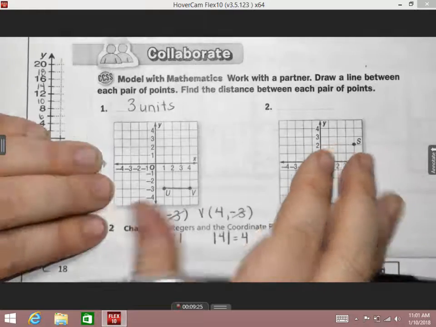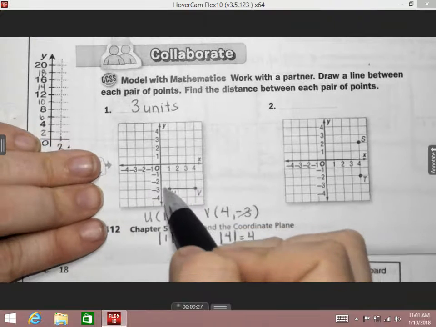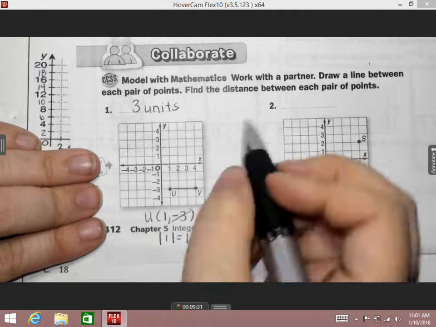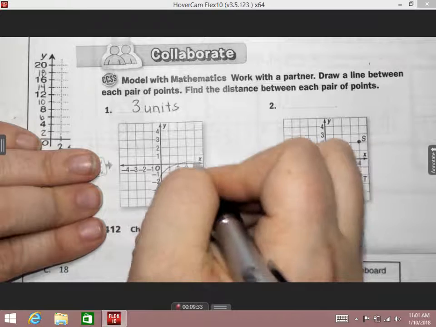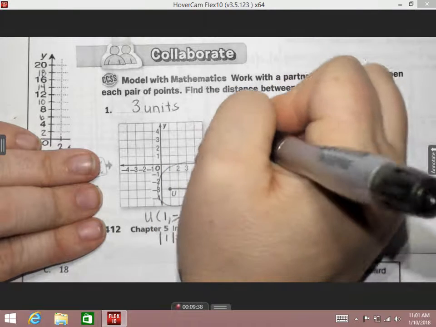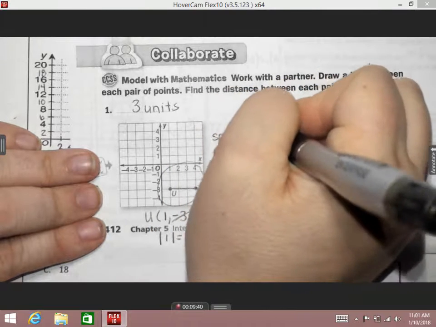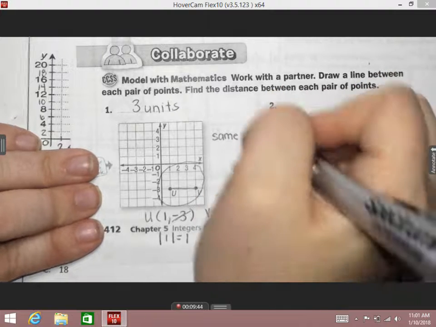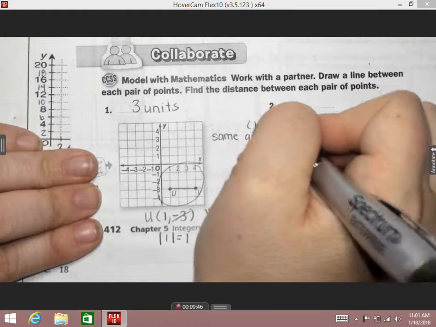Is this one crossing a line? No, they're both going to the right of the y-axis. So these are in the same quadrant, which is basically the bottom box.